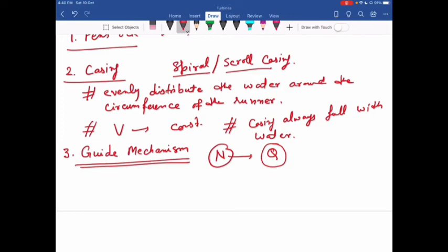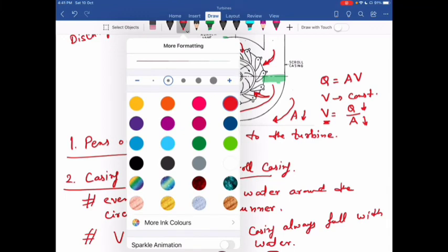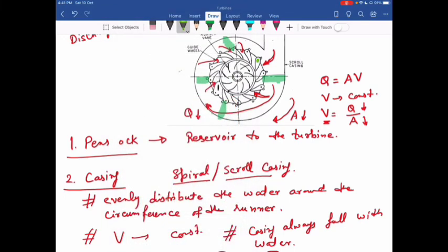That discharge we can change by changing the position of these guide blades. Through these black dots, we can rotate them in clockwise or anti-clockwise direction.